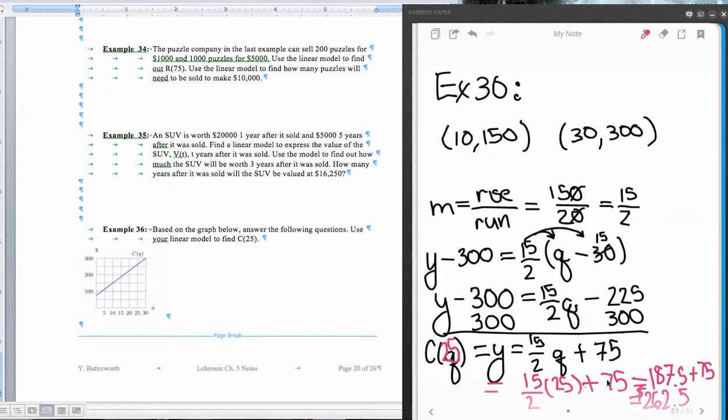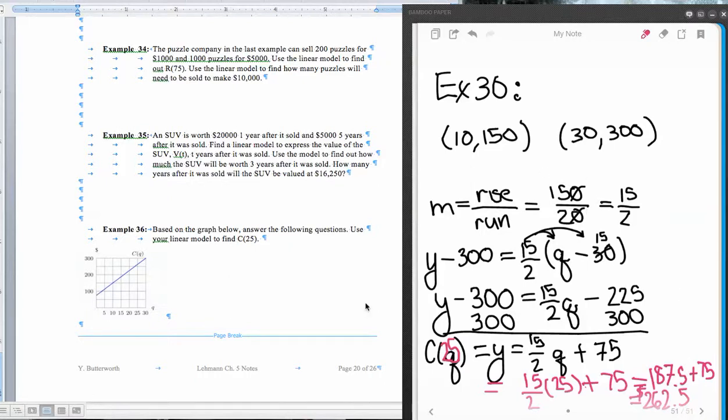And so now I figured that out. So 15 times 25 divided by 2 gave us 187.5, and then we add 75 to give us 262.5. Now, since our C of Q usually means the cost per item, we would say that the cost of 25 items would be worth $262.50, and that would be the interpretation there.